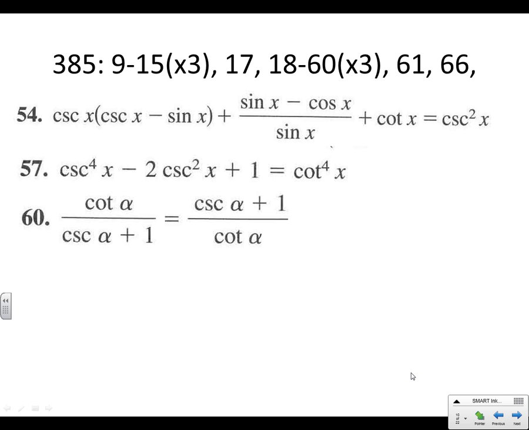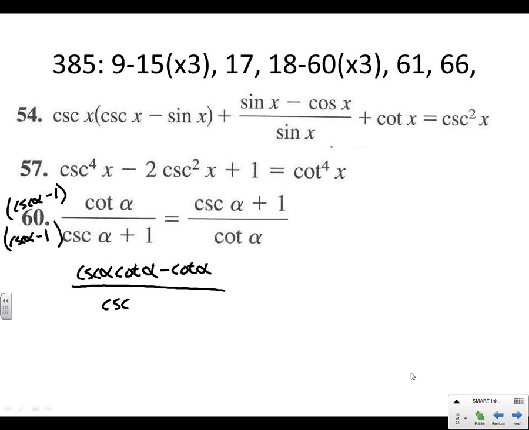All right, let's clean up this denominator here with a cosecant alpha minus 1 in the numerator and denominator. So our numerator becomes cosecant alpha cotangent alpha minus cotangent alpha over cosecant alpha squared minus 1. If we go into our bag of formulas, the denominator turns into cotangent squared alpha.